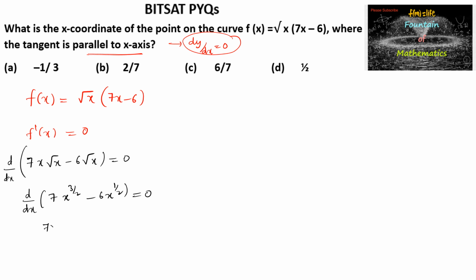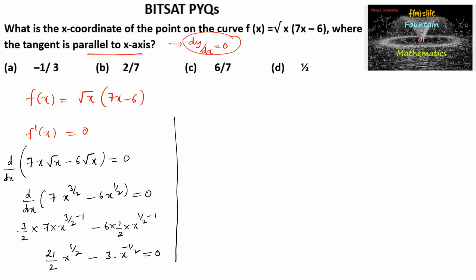That is 7 times x to the power of 3 by 2 minus 1, into 3 by 2, minus 6 into 1 by 2 into x to the power of 1 by 2 minus 1. So we can write 21 upon 2 x to the power of 1 by 2 minus 3 times x to the power of minus 1 by 2 is equal to 0. Or 21 upon 2 x to the power of half is equal to 3 times x to the power of minus 1 by 2.